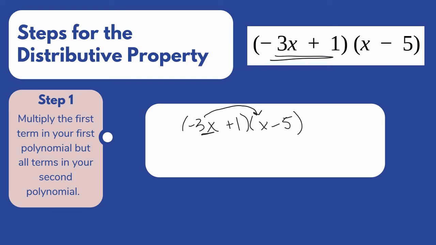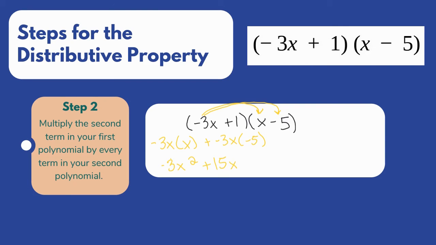I'll draw arrows just to remind myself to do that. So I have negative 3x times x plus negative 3x times negative 5. Negative 3x times x is negative 3x squared, plus negative 3x times negative 5, and a negative times a negative is a positive, so that gives me 15x.